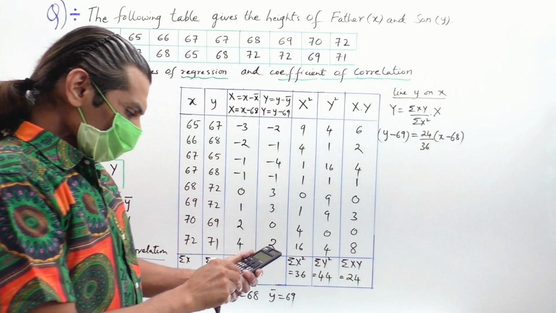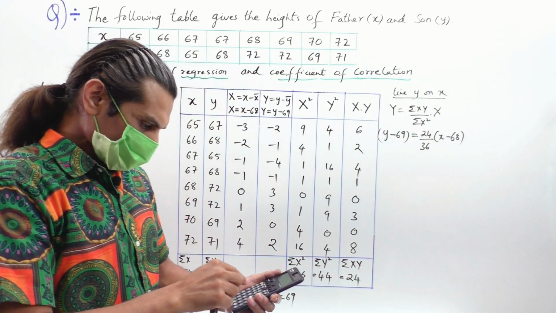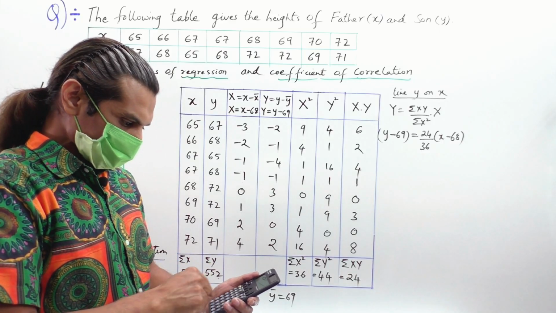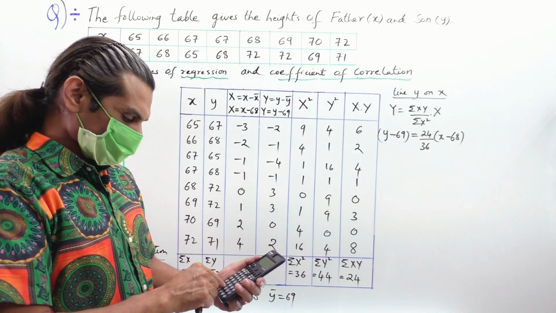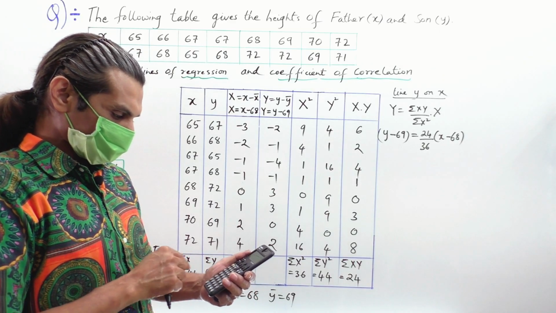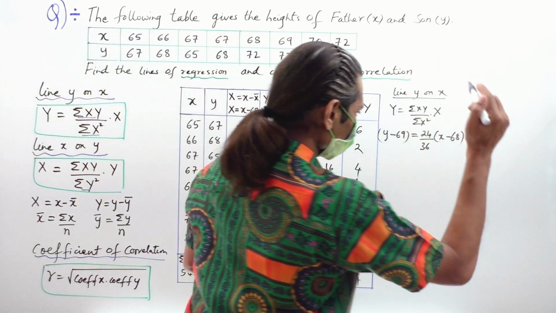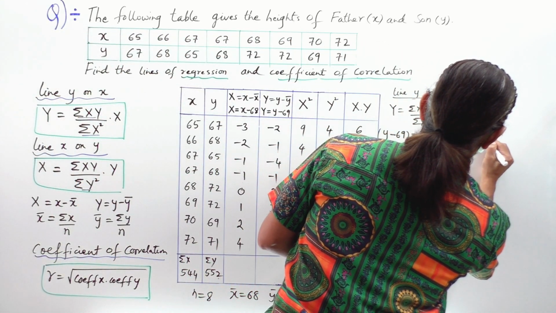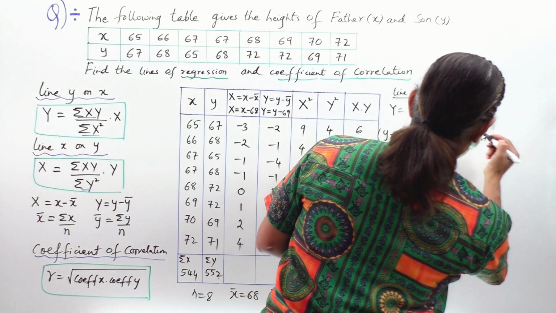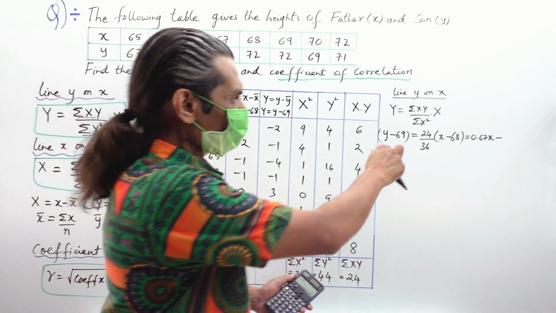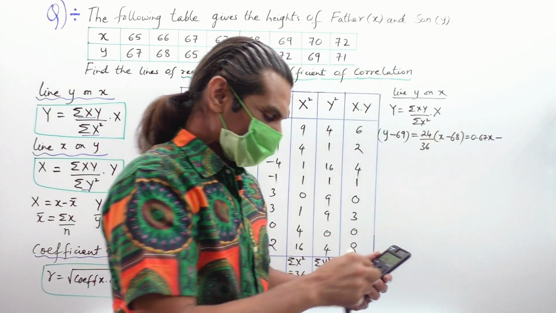Okay, so use the calculator here. Go to home, calculate. Now 24 divided by 36 is equal to 2 by 3, again shift equal to 0.6667. So it is 0.67 x minus. So what I will do, see 0.667 is there, no? Directly open a bracket into 68.